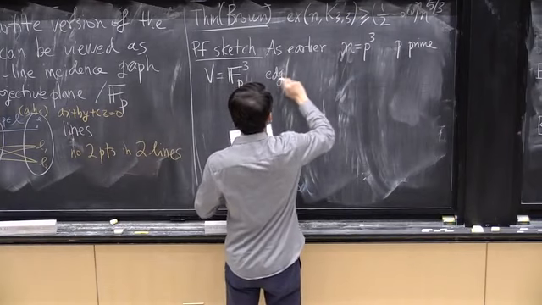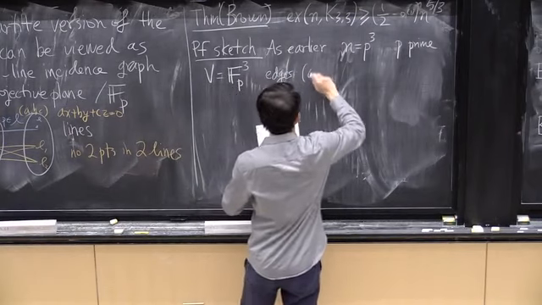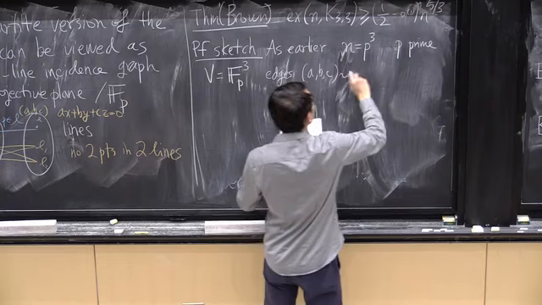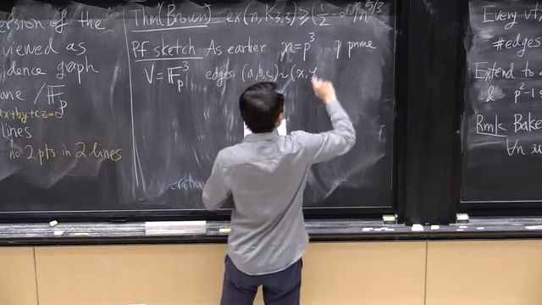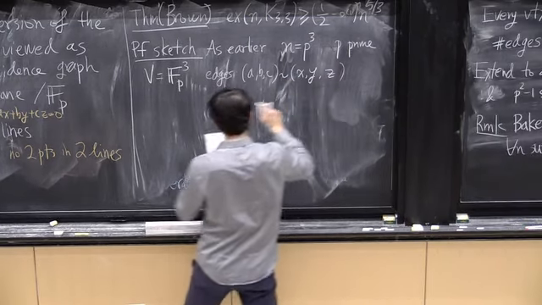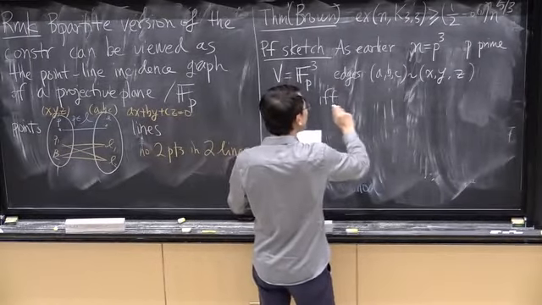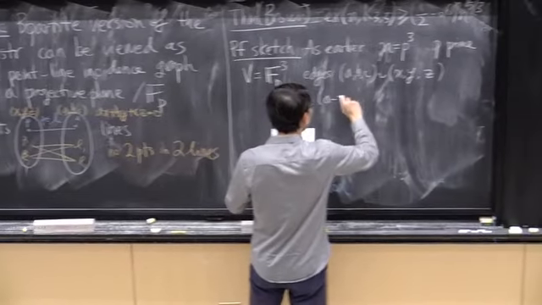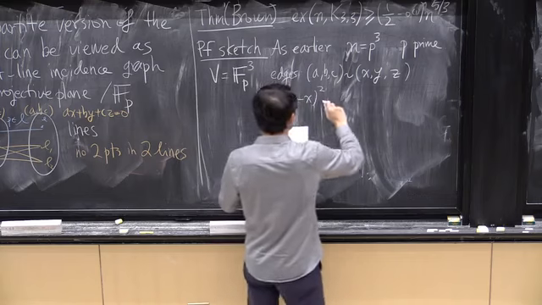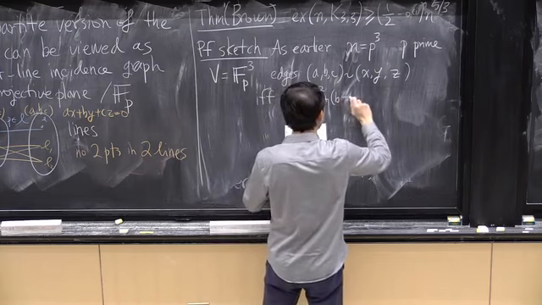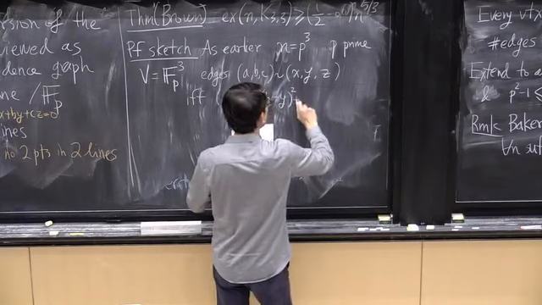So the edges have the form where I join two vertices if and only if, well, it's not really a distance, but it's something that looks like the equation of a sphere.